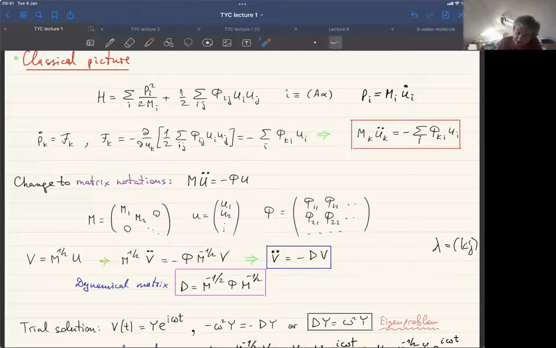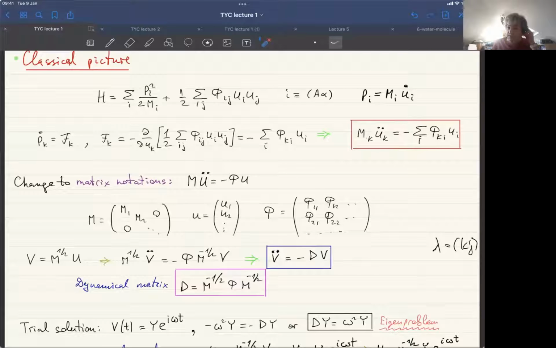So basically what we arrived at is the system of second order differential equations, all linear. So mathematically this is a very well formulated problem. We have a second order set of linear differential equations without the first order term, in fact, which we need to solve.